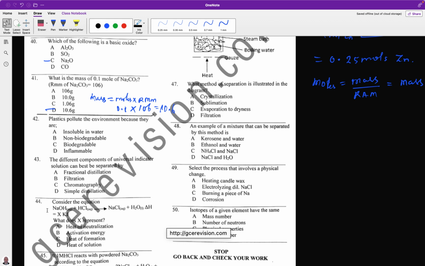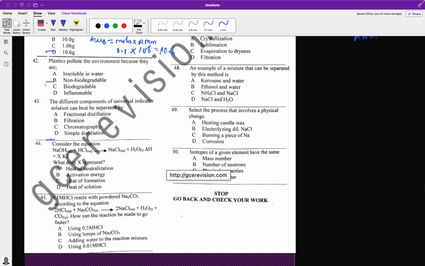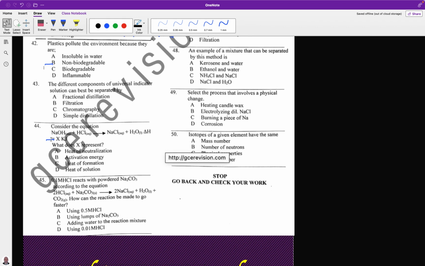Question number 43. The different components of a universal indicator solution can best be separated by fractional distillation, filtration, chromatography, or simple distillation.